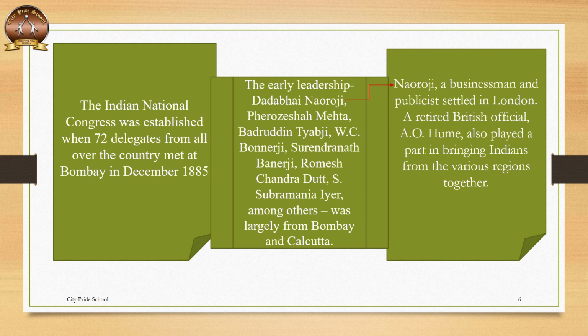Children, we have discussed in the previous slide about Ilbert Bill. Now, Ilbert Bill was a controversial measure proposed in the year 1883. Now, this Ilbert Bill allowed senior Indian magistrates to preside, means to decide the cases involving British people in India.